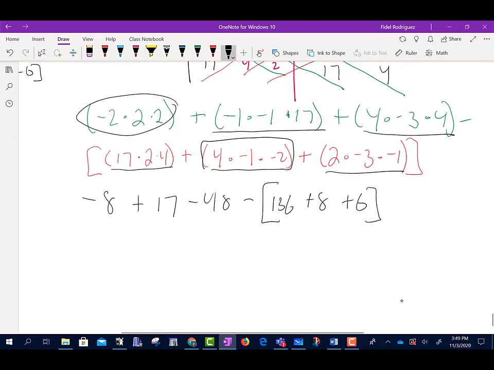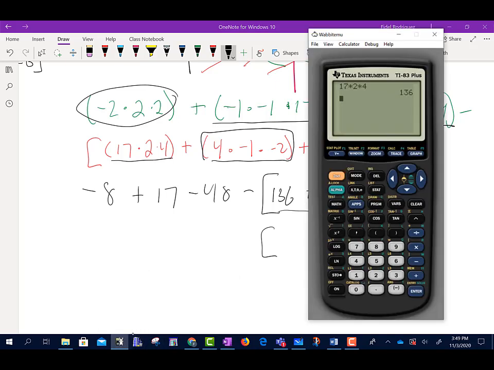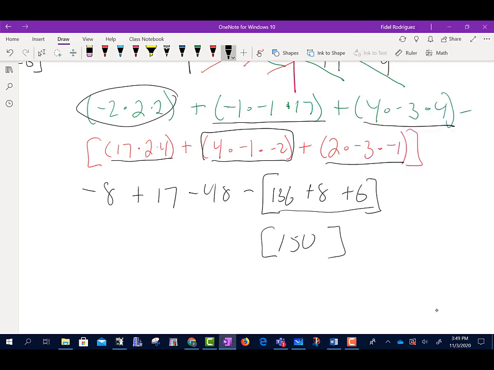Okay. So now let's go ahead and see if we can at least combine these together. So 136 plus 8 plus 6 is 150. Okay.